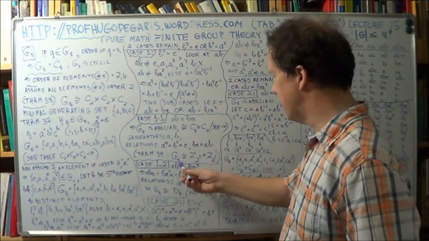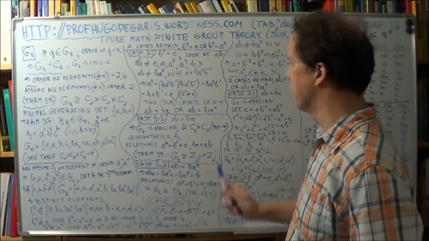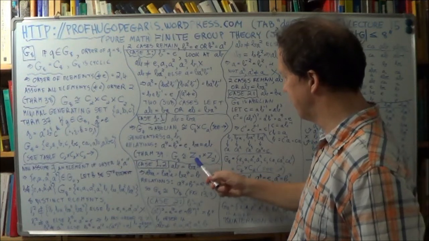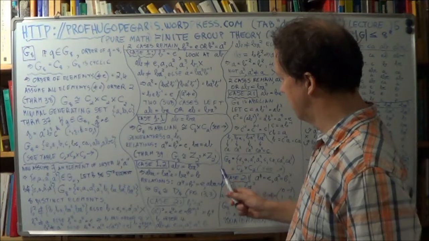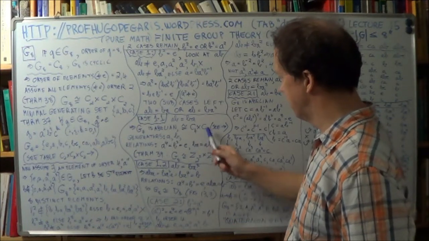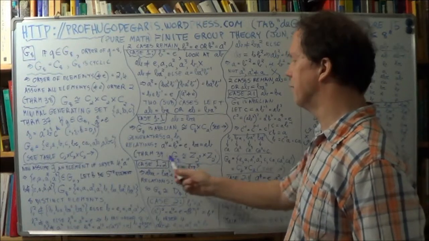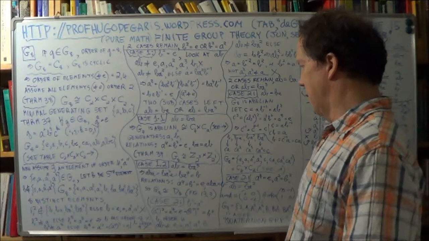Now in this case 8 is 2 to the 2 times 2. That's one possibility. So this is of the form Z4 times Z2, and they're isomorphic. These two are isomorphic. So that's another way, an alternative way of getting to this. All right. Okay.